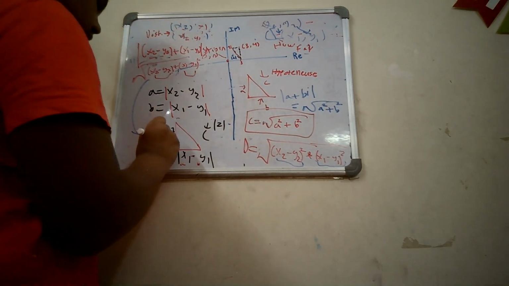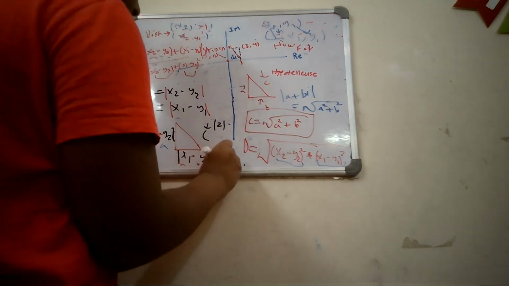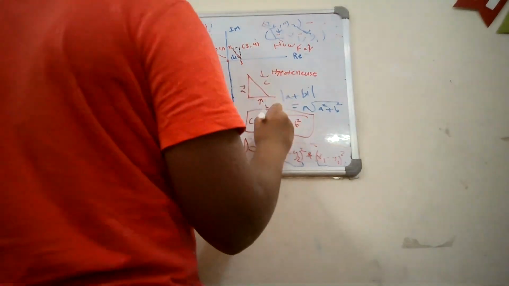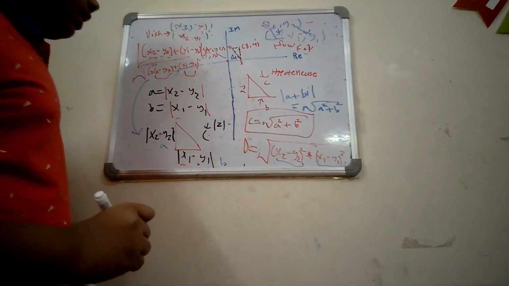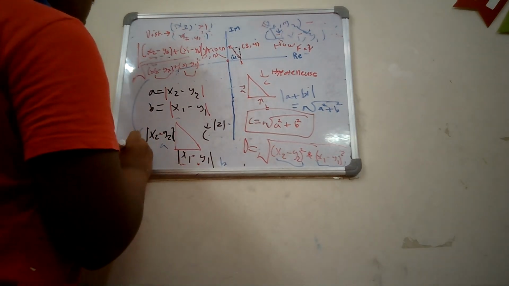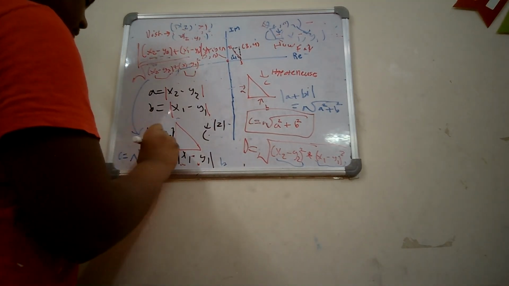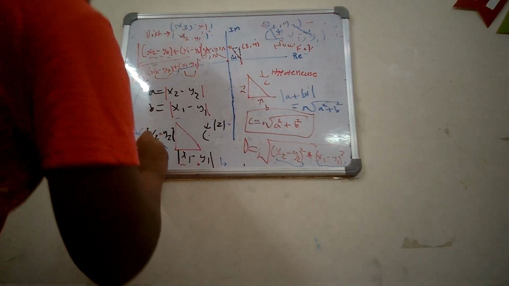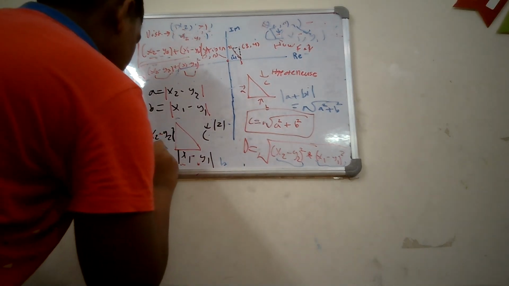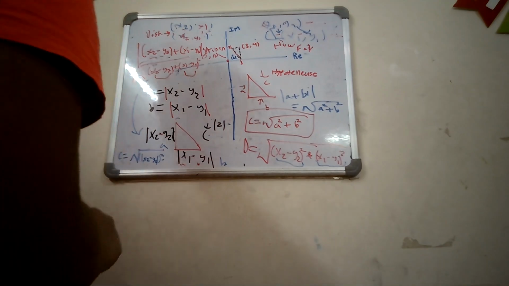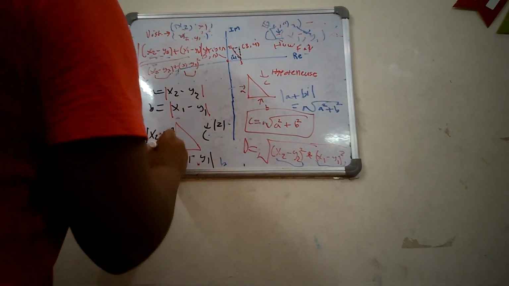Now that we have this, A, B, and C. So if C is equal to the square root of A squared plus B squared, which we derived, then this should be the square root of this square minus, which should be plus. Yeah, that's why it's plus.